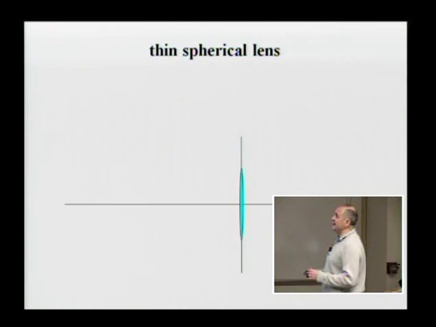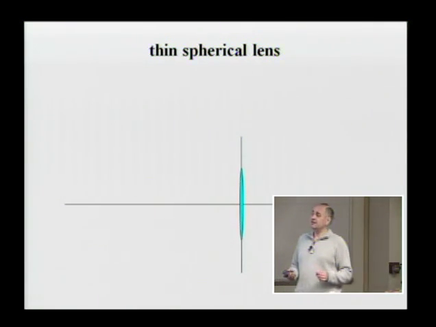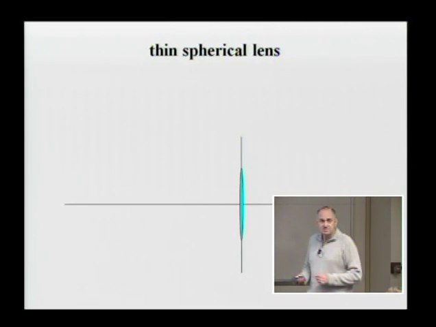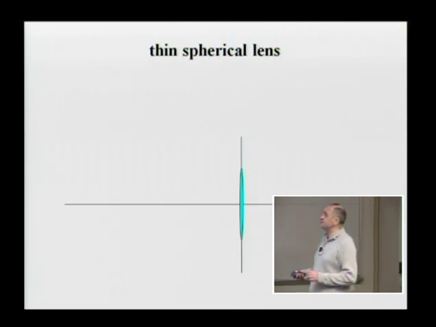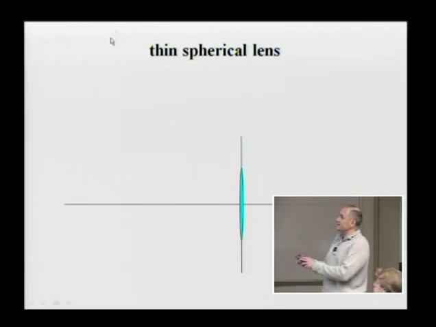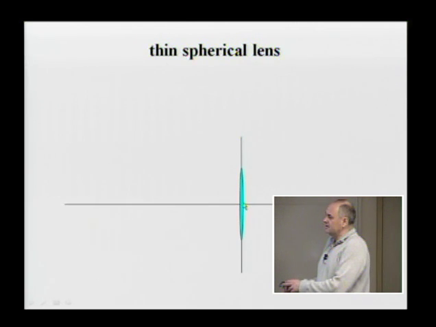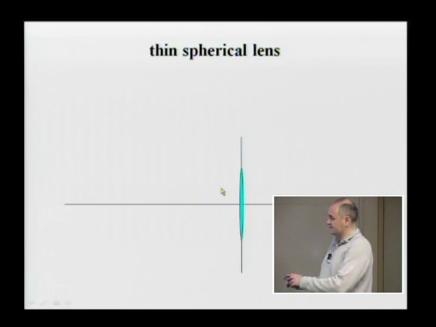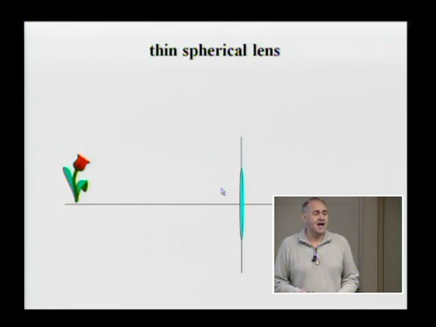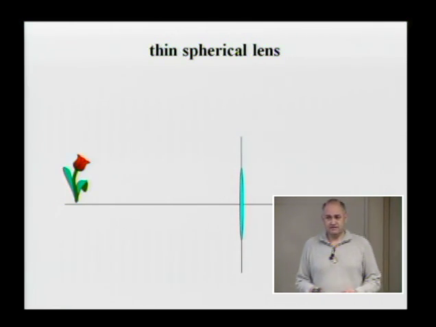We will get an optical element which is referred to as a thin spherical lens, and the thin spherical lens is also capable of producing images. Now, thin means that the thickness of the lens is small compared to its diameter. All right, let's now see how a lens works.